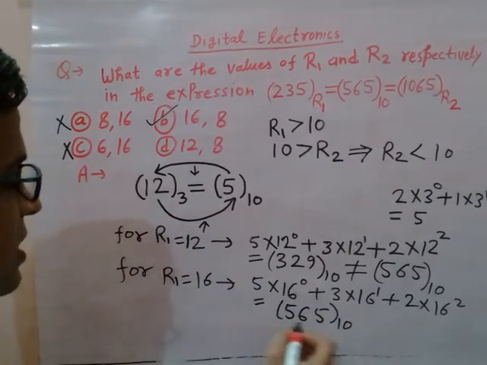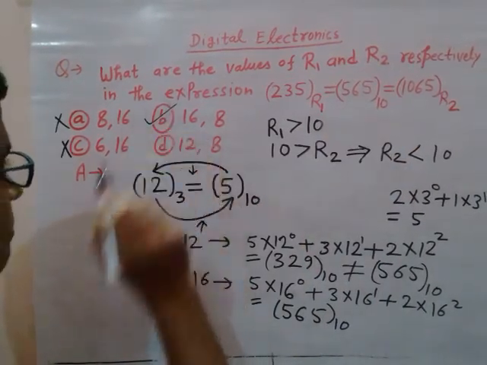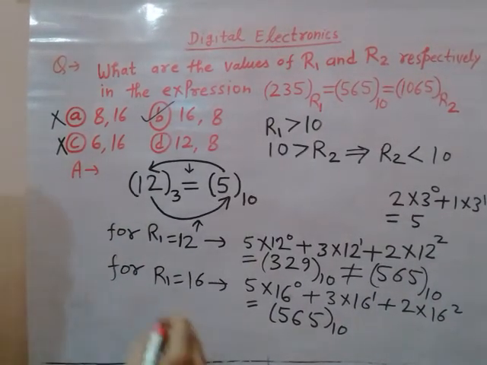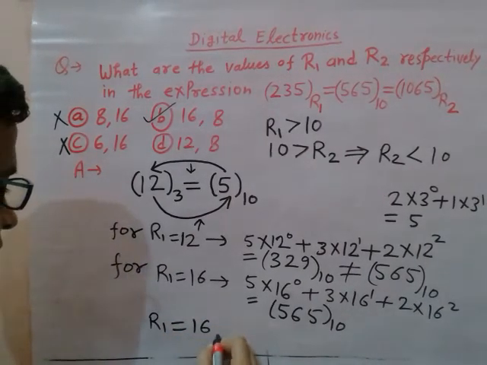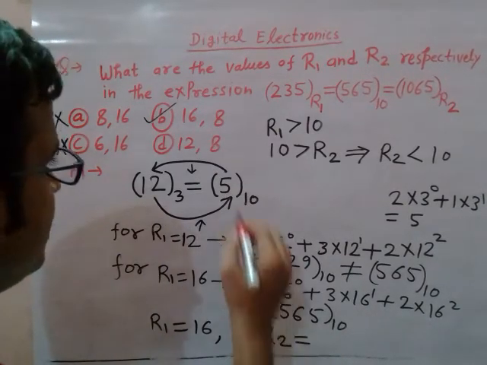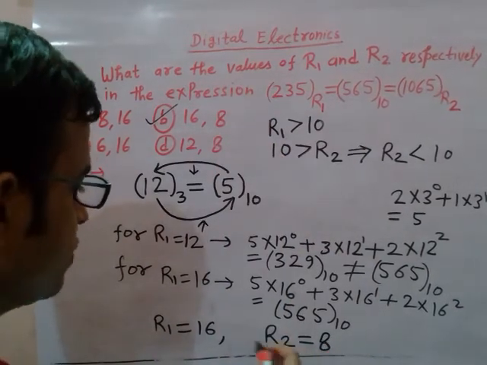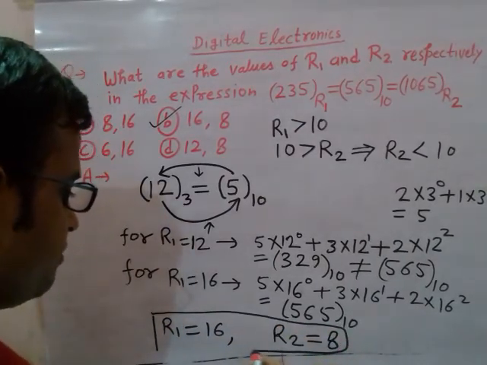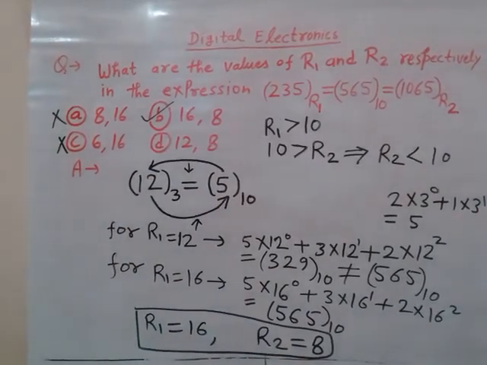So now you are getting the correct answer, 565. That means option B is correct. So likewise you can approach this question. Now you are confirmed that R1 is equal to 16. And R2 is given the same, here also 8, here also 8, that means R2 is 8. So no confusion in R2. So option B is correct, right?